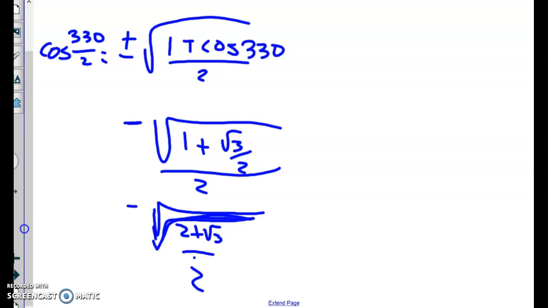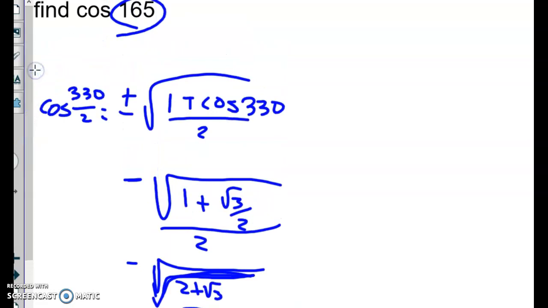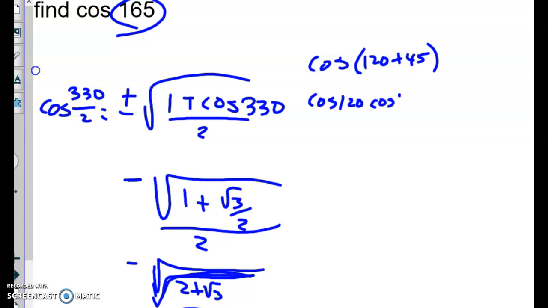Now, an interesting thing happens if I do this a different way. If I have the cosine of 120 plus 45, which is 165, and use the cosine sum formula, I get cosine 120 times cosine 45 minus sine 120 times sine 45.